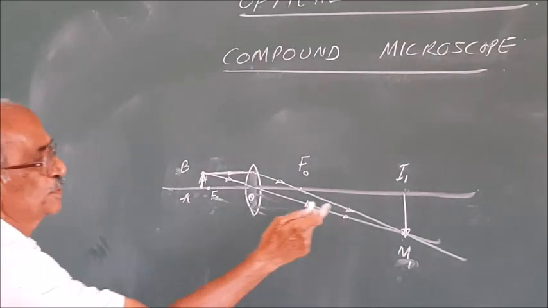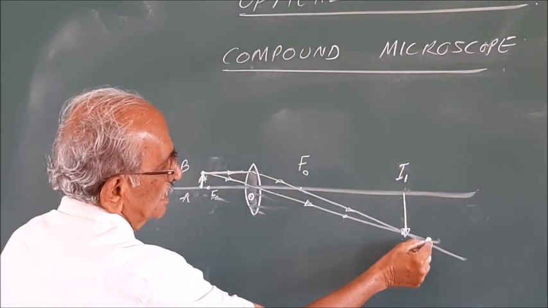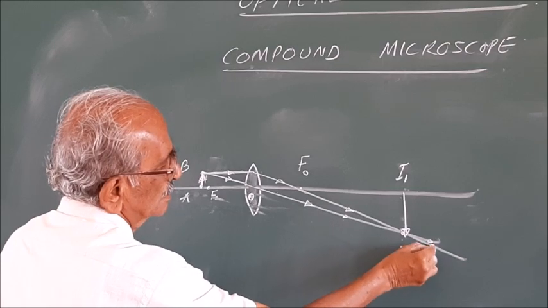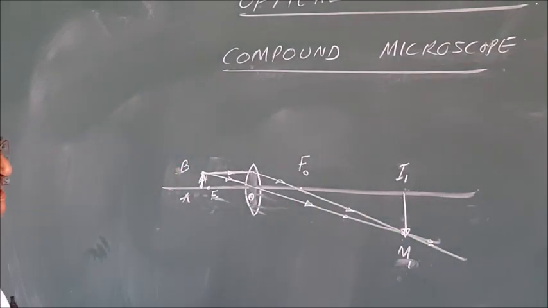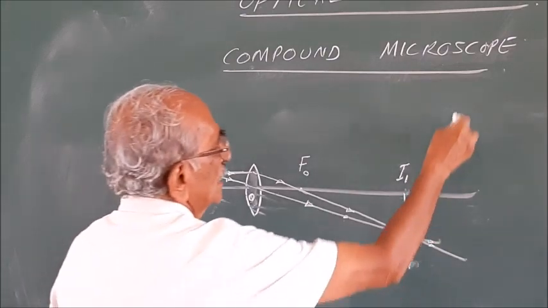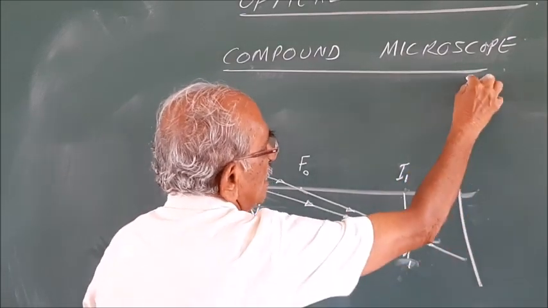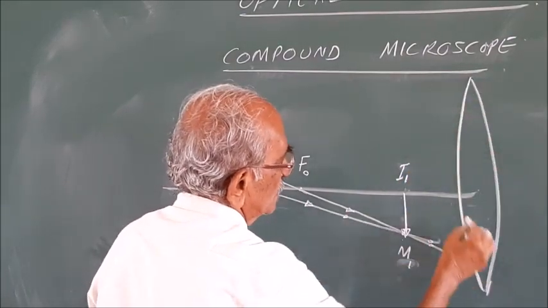Now this becomes the object. So after all, rays start from M. Remember, these are the rays going out. I keep a lens like this.